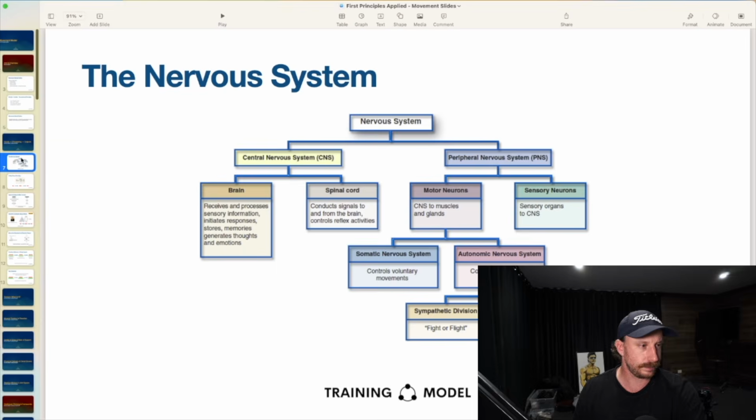If we view the nervous system for what it is, the nervous system is a reactive system. Information comes in from a plethora, love that word, plethora of receptors. We have mechanoreceptors that are picking up things like tension, joint position, forces and pressures and all of that sort of stuff.